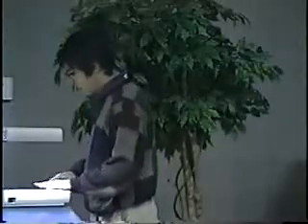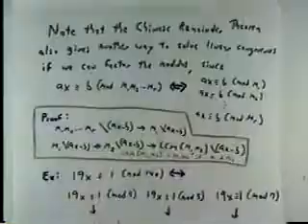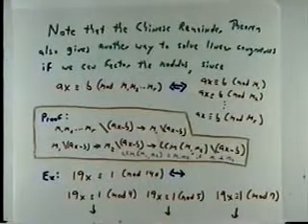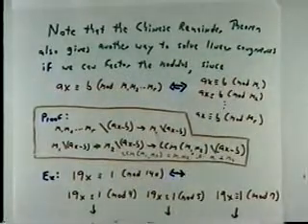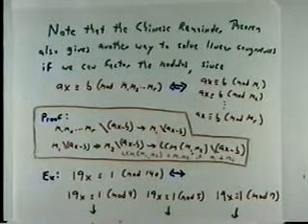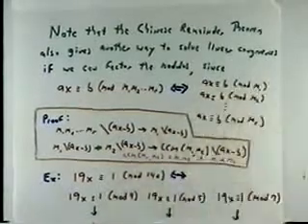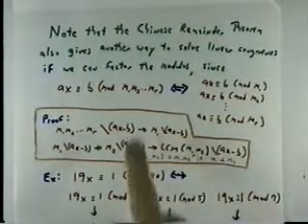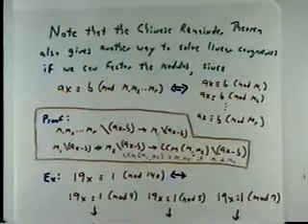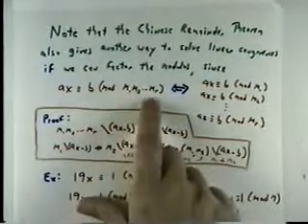My claim is that the Chinese remainder theorem gives us another way to do something we already had started to do. Namely, we saw a way to solve systems of congruences. Earlier, I showed you how to solve a single congruence, where you might have this big modulus.